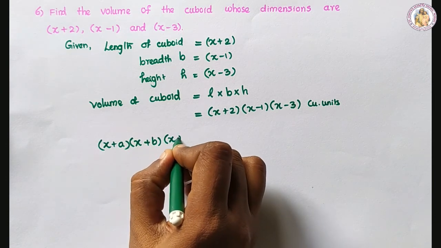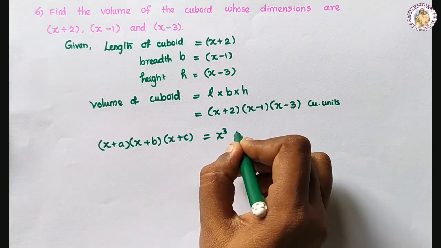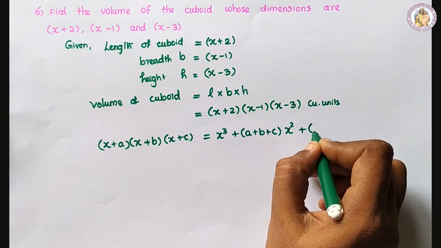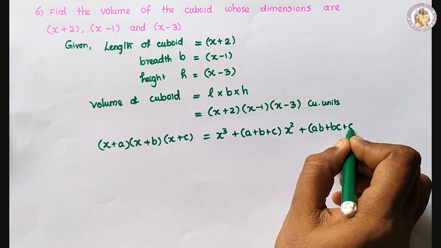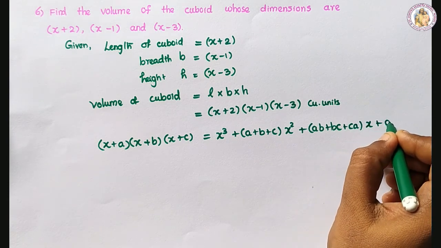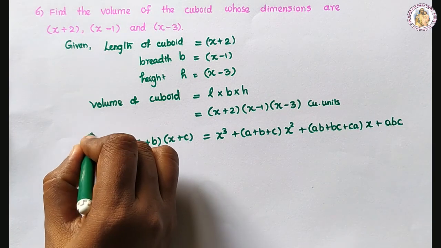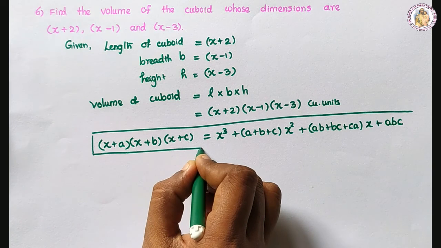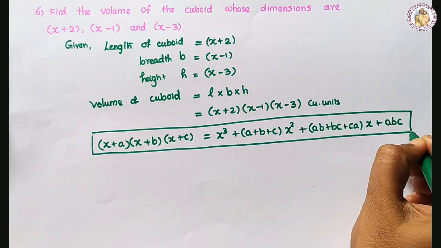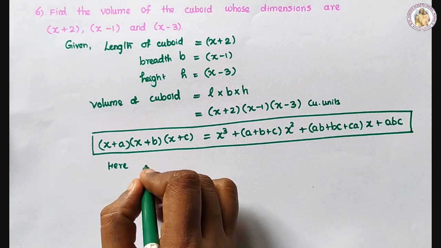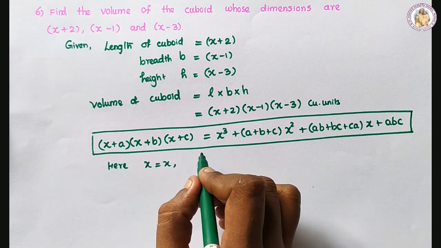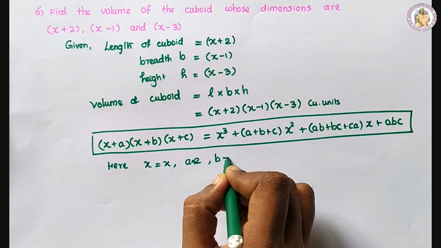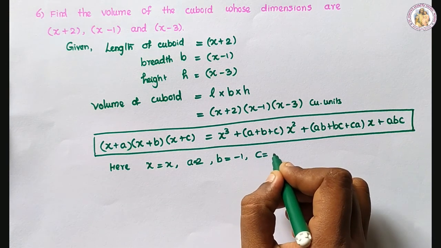So apply the formula: x cube plus a plus b plus c into x squared plus ab plus bc plus ca into x plus abc. Here x equal to x, there is no change. a equal to 2, b equal to minus 1, c equal to minus 3.